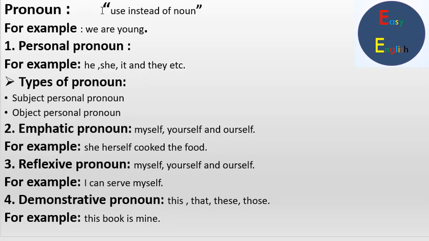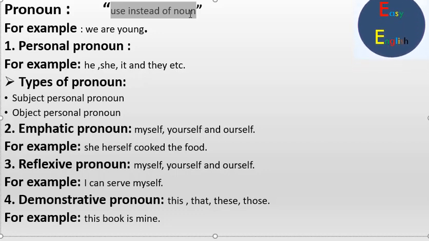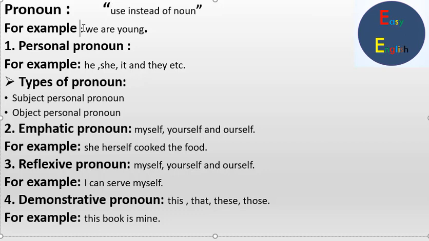What is meant by pronoun? The word which is used instead of the noun, in the place of noun, is called a pronoun. For example, he, she, it, they, etc. We are young.